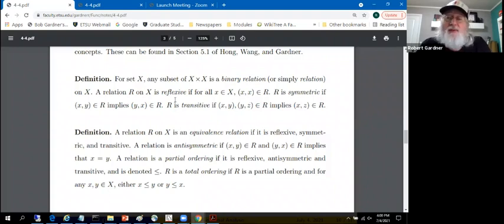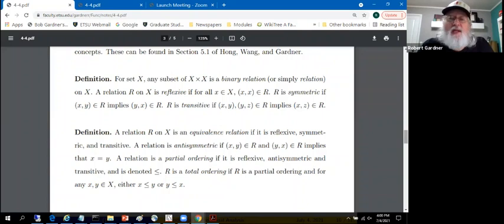That's what reflexive means. R is symmetric if, let me read it in terms of "is related to" instead of ordered pairs, x is related to y implies y is related to x. Transitive if x related to y and y related to z implies x is related to z. Usual ideas of transitivity.